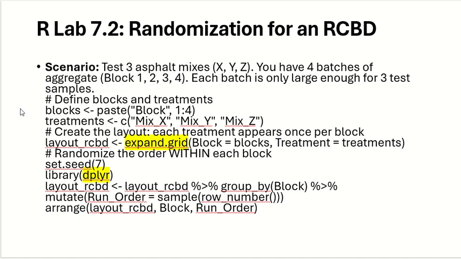Blocks here, treatments here. Then this sets the randomization seed. You can do it without it as well. This is doing the randomization, and this is just arrangement, arranging it in the layout which you want.